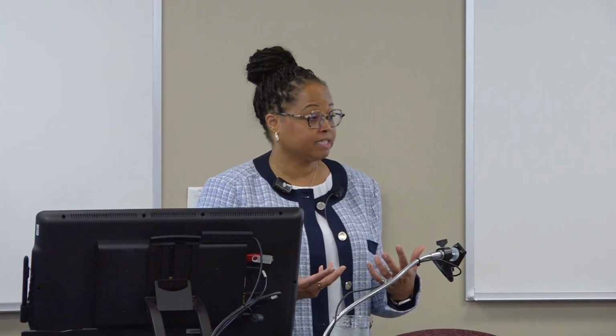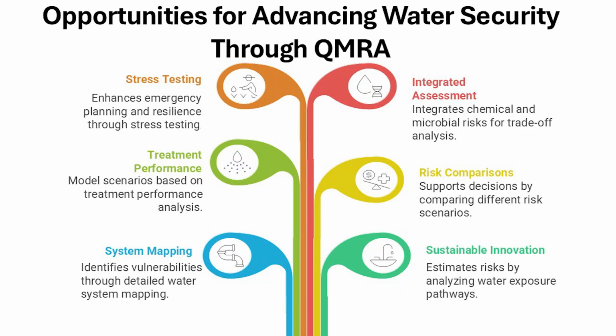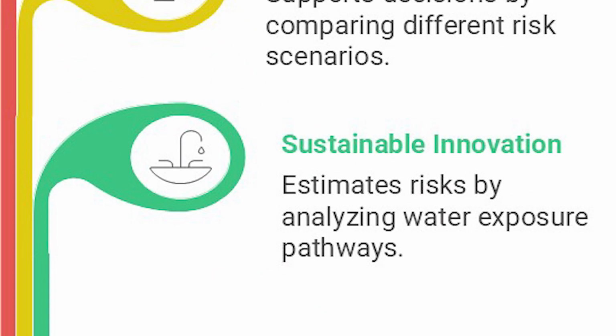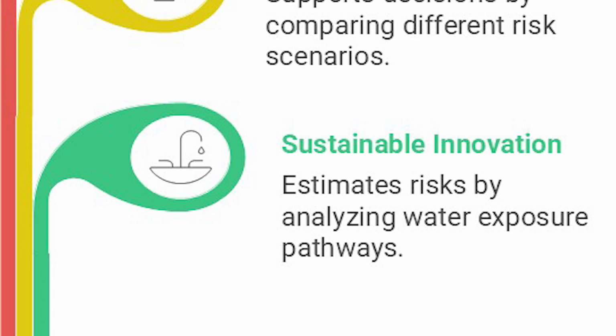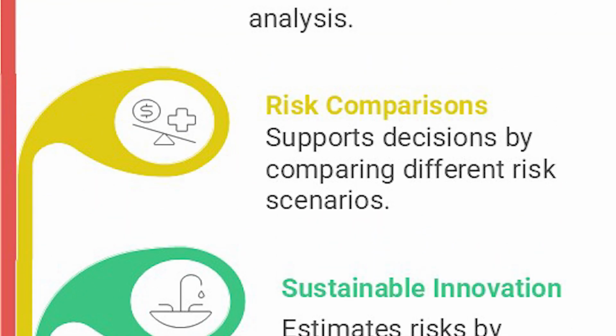Then we do the actual risk assessment, which I just described. That supports sustainable innovation. So if we want to put in a new technology or a new material, we can evaluate what the risks are across those exposure pathways. That work then leads into usually some risk comparison.